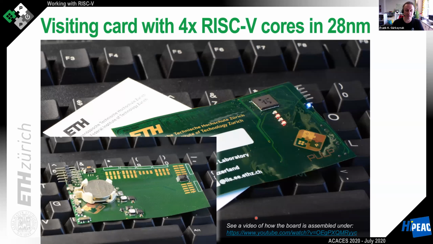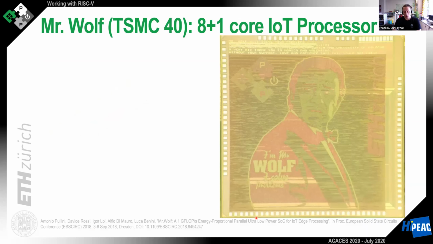It was a fun exercise. And no, we don't have all of those cards. I think we have 2 assembled. And the rest of the visiting cards, some of you might have gotten from us over time, are just the board without the pieces.